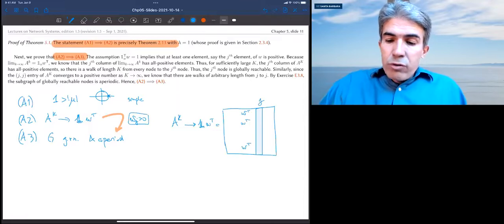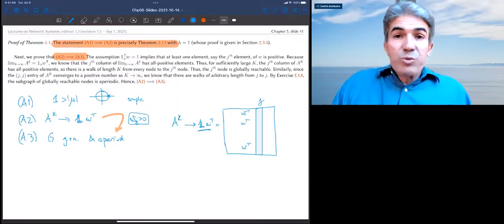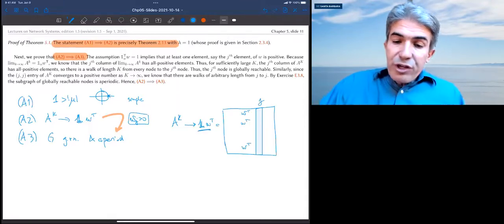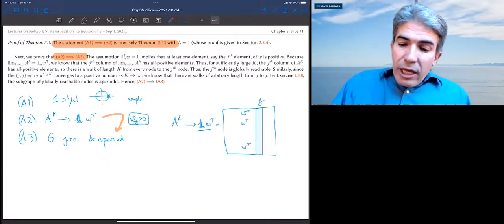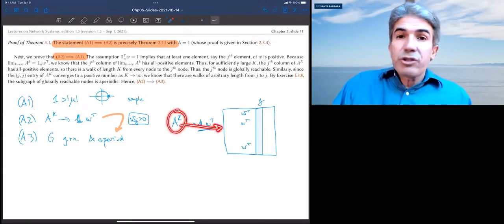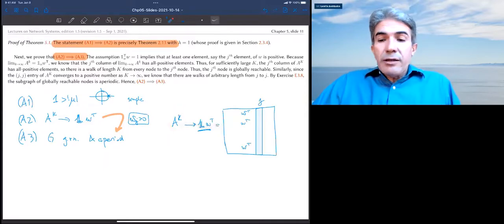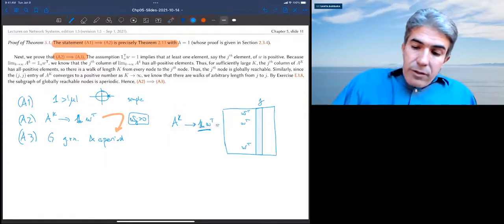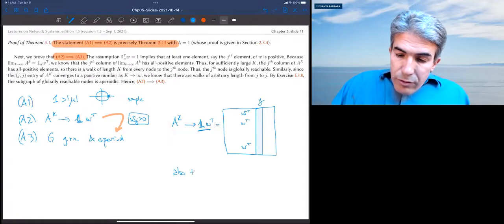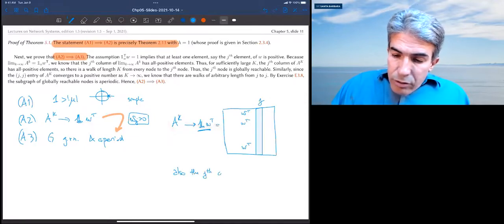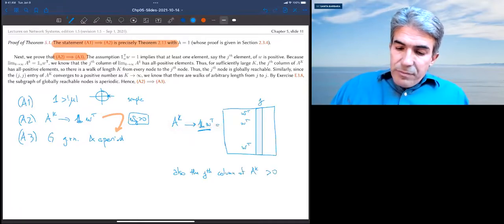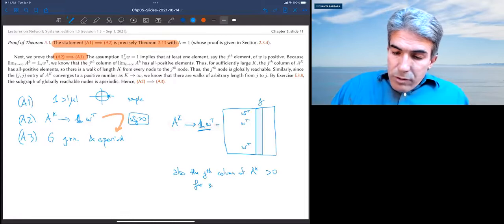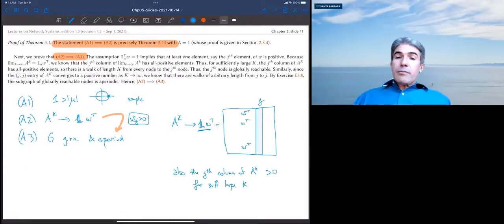But if this column of 1n W transpose is strictly positive, then since A to the K is converging to this matrix, for sufficiently large K also the jth column of A to the K must be positive. And what does that mean?